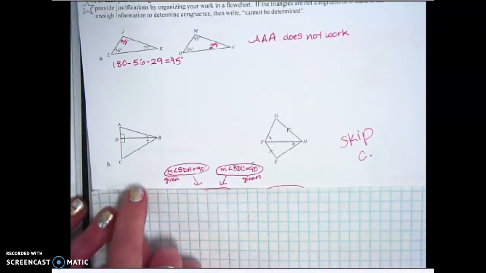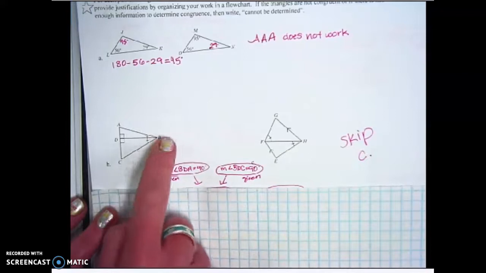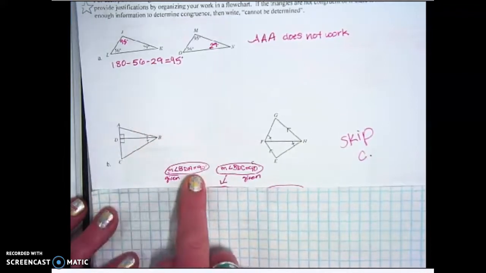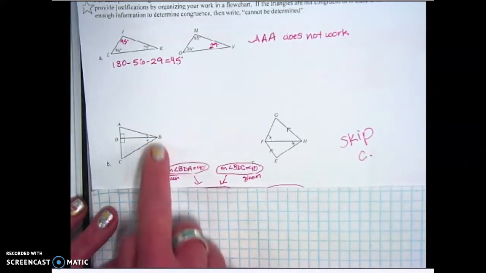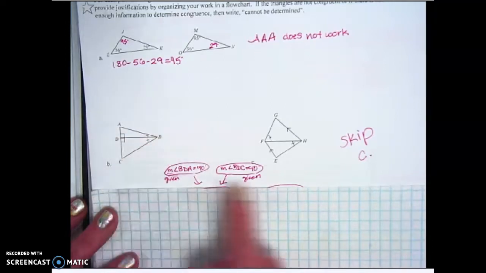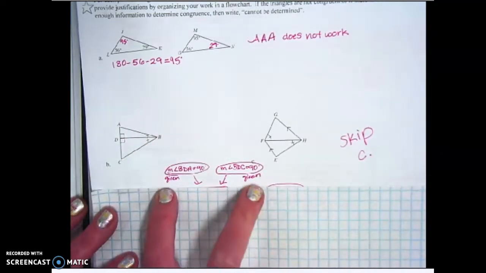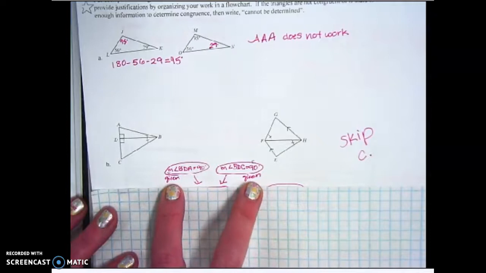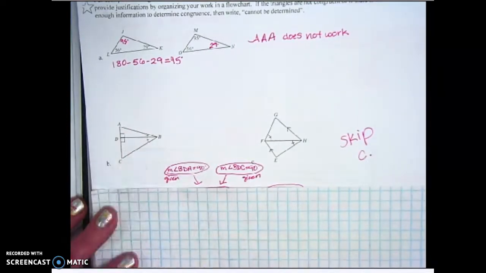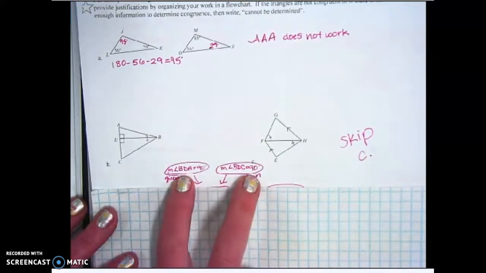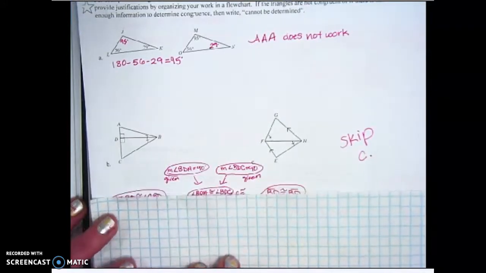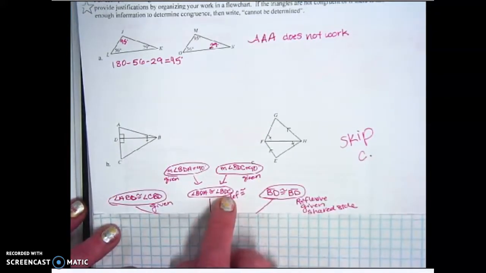So we're going to say that angle BDA is 90 degrees. And we're going to say that angle BDC is 90 degrees. Both of those pieces of information are given, because of the little box. If they're both 90 degrees, then guess what? They're congruent to each other.